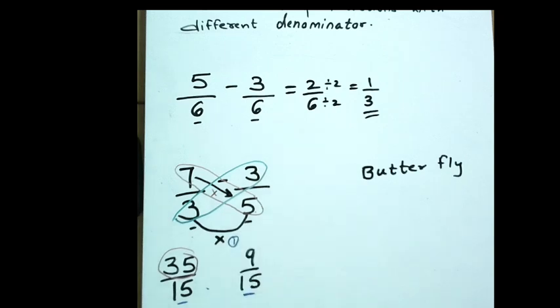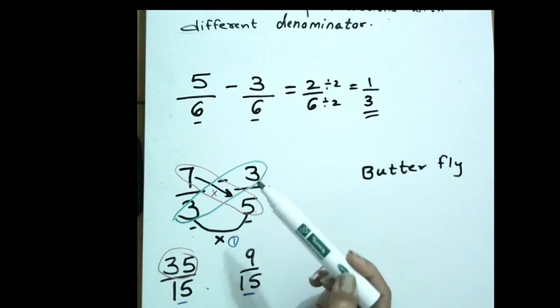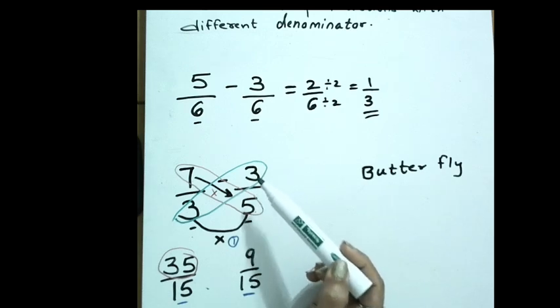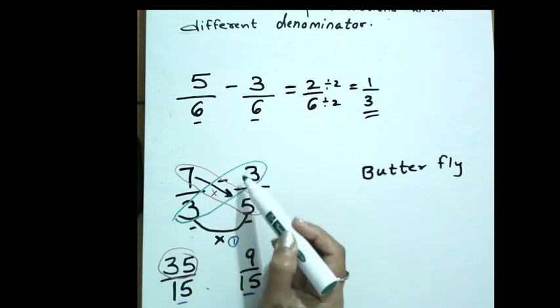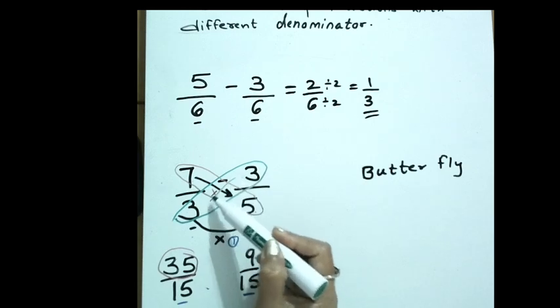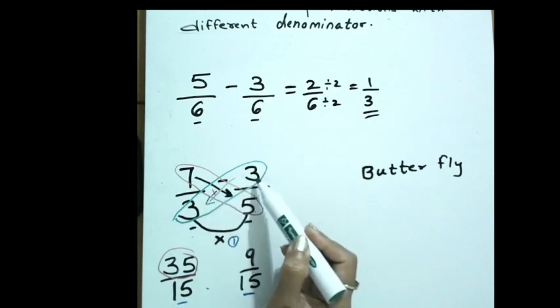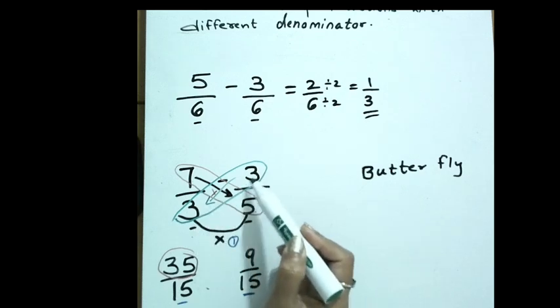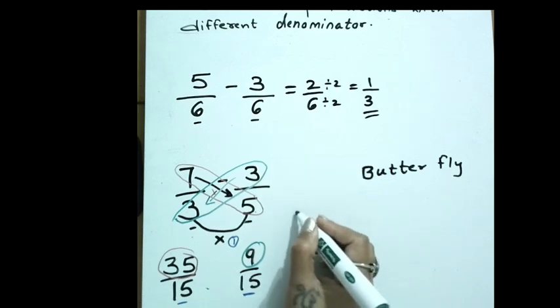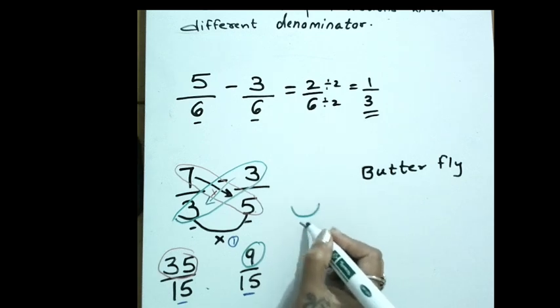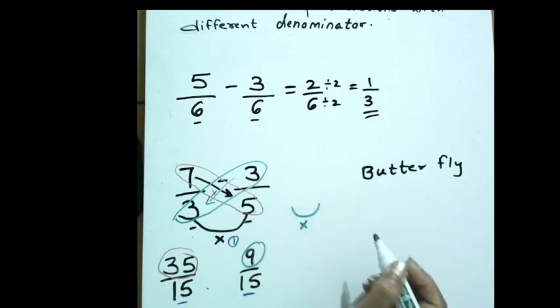Next, you do the right hand side. You will draw a wing and go this way, and you are going to say 3 times 3. 3 times 3 is 9. So simply, first you multiply the bottoms.